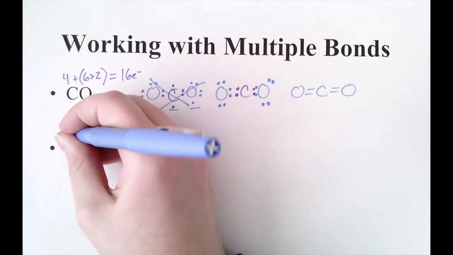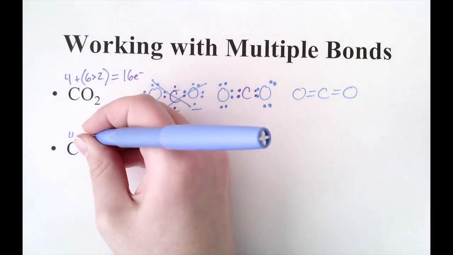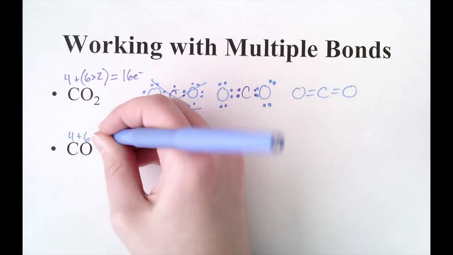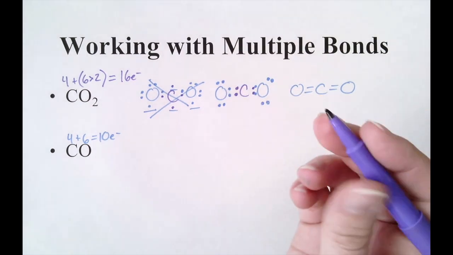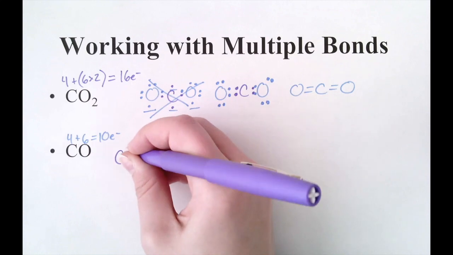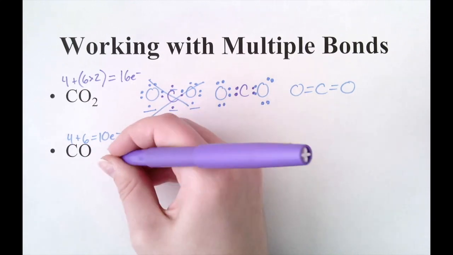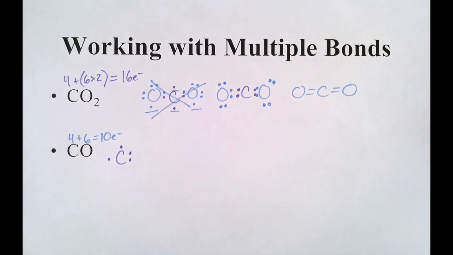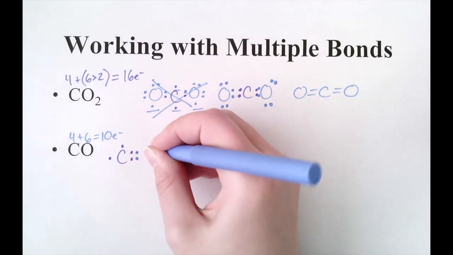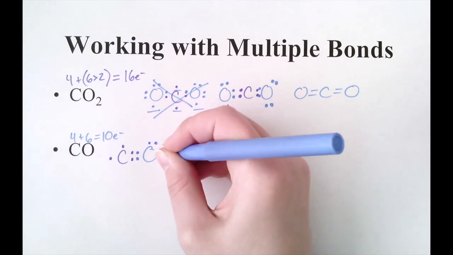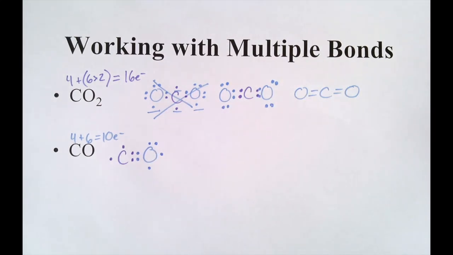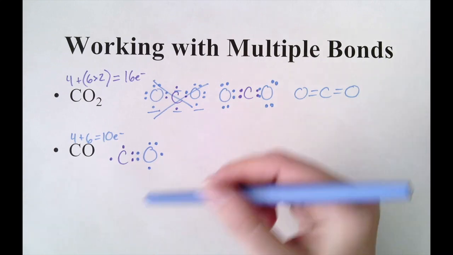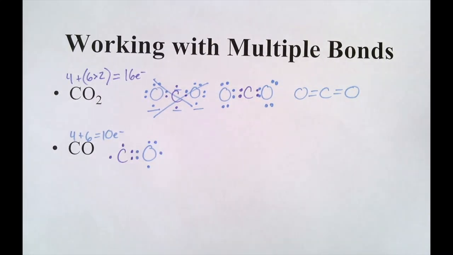Carbon monoxide, again, we're going to have 4 electrons from carbon and 6 from oxygen for a total of 10 valence electrons here. Now I should know right away that this is going to involve multiple bonds. So maybe the first thing I'll try is I'll try a double bond and see what that looks like. So when I do this, though, I can still see that I have 2 sets of unshared electrons.